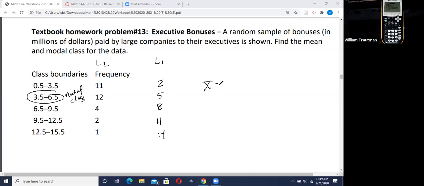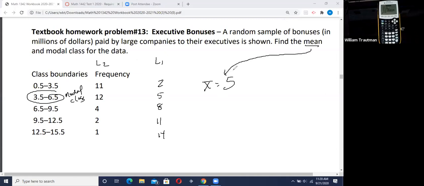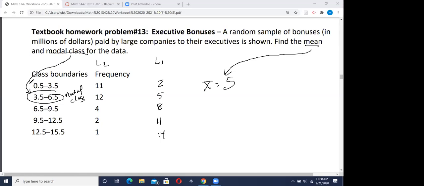And our mean is 5, because that's what we got on the calculator for mean. Did anybody else get 5? Did anybody type it in to get 5? Yes. Good, good. Just want to make sure somebody else got it. I've been known to type things in wrong.